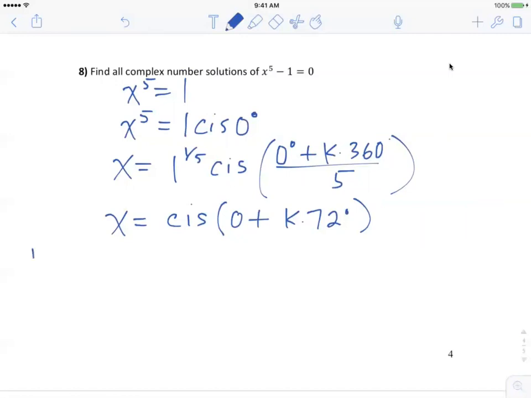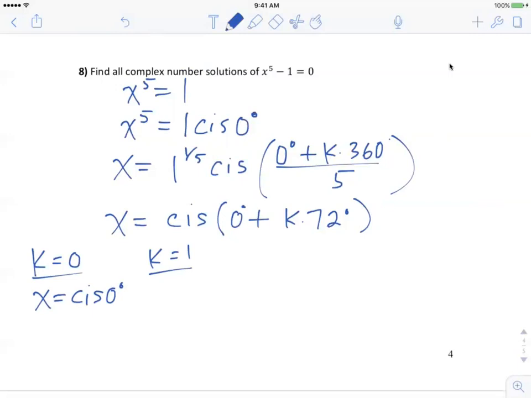Okay, so k equals 0, we'll get x equals cis 0, 0 degrees. Cis 0, by the way, is just 1, right? That is a complex number, but we're just going to leave it cis 0.